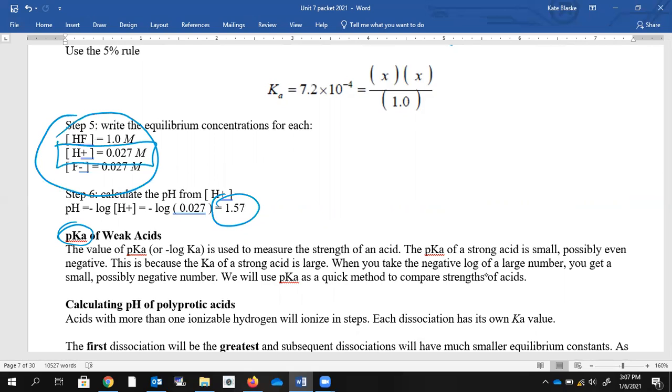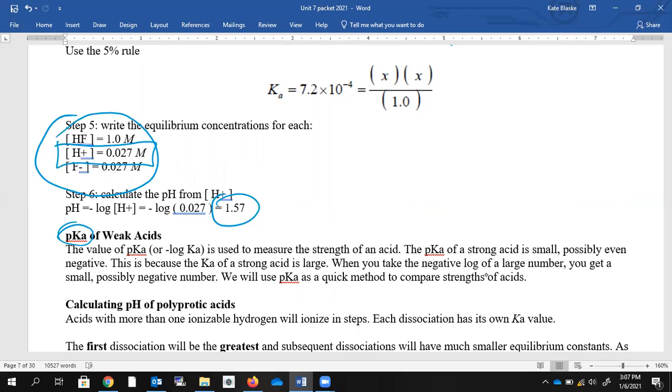So the pKa is the negative log of the Ka value. pKa is used to talk about the strength of an acid. Just like from our Ka value, we can determine to what extent that reaction is making products versus reactants. Larger Kas mean we have more products. Smaller Kas mean we have larger concentrations of reactants.